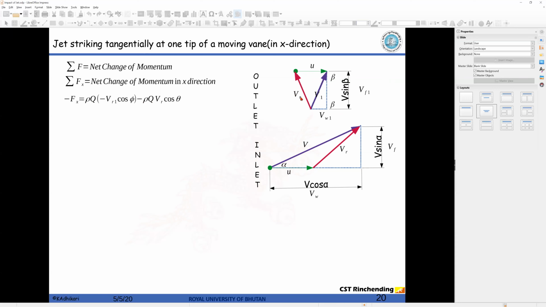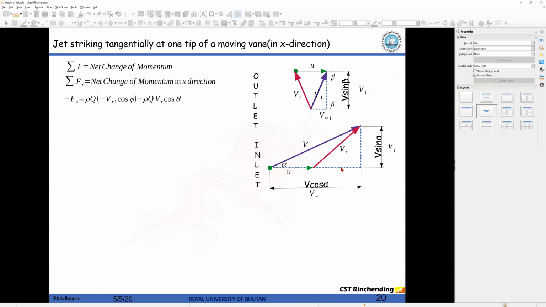Okay, so Vr1 cos phi means this. I've just said Vr1 to indicate that this is the outlet velocity triangle. Here I have not mentioned it, but try to understand that this one refers to the outlet section. Vr cos phi is nothing but this one.